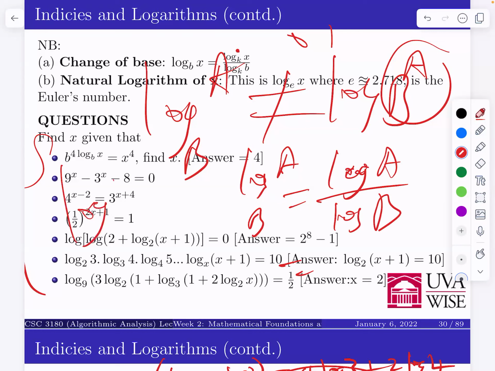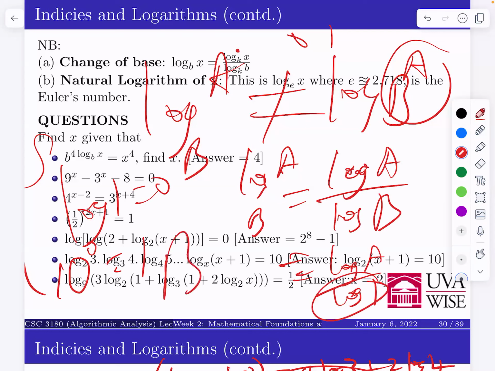By definition, log of 1 is 0, because when I raise 10 to power 0, I'll get 1. So if I do this, I'll have log of A over log of 1. So log of 1 is 0. You cannot divide by 0. So your base can never be 1, okay?